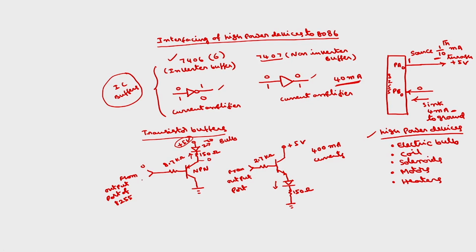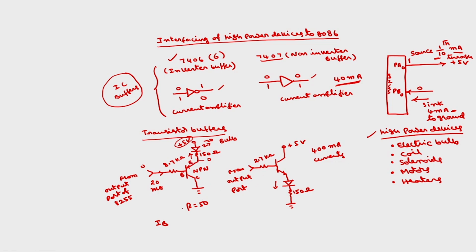From this port we know that it is going to give only current of the order of 40 milliamps. Suppose I take this one as 20 milliamps. This 40 milliamps will be after the buffer. So here this will be of the order of a fraction of a milliamp, so I am taking this as 20 milliamps. And if the beta of the transistor is say 50, this IB is the base current; this is base, collector, emitter.